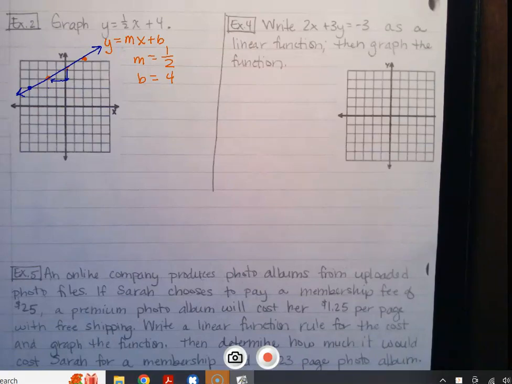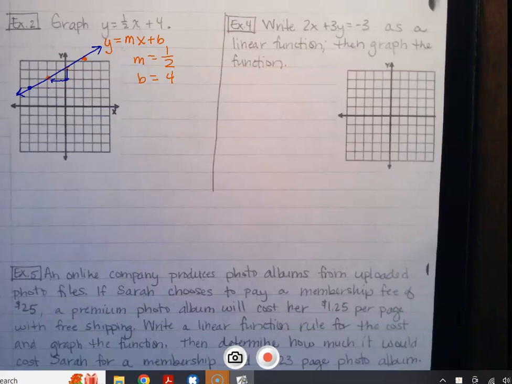It says write 2x plus 3y equals negative 3 as a linear function, then graph the function. Okay, so is it in slope-intercept form? No, it's not. So the only way we can do that is to get it in slope-intercept form. Okay, what does it mean with like the y equal or function form?